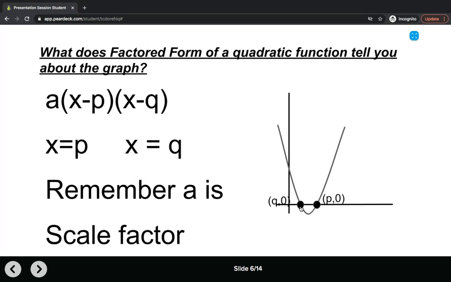So if it's important for us to know the x-intercepts of a problem, factored form would be the easiest way to write out the equation so that it's quick for whoever's reading to solve for the x-intercepts, because then they would just set each of those pieces equal to 0, like we just did in the last slide, to solve for those values to be able to graph them. And just keep in mind with factored form, you also always have the a value in front, which, remember, our a is just our scale factor, so that's just telling us how wide or how skinny our parabola is in comparison to the parent function.